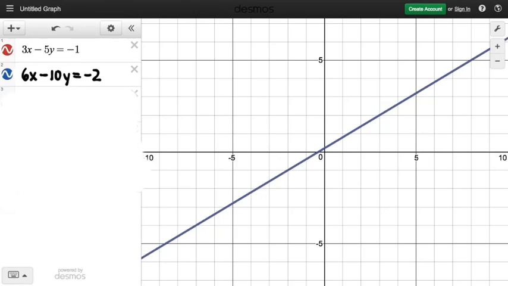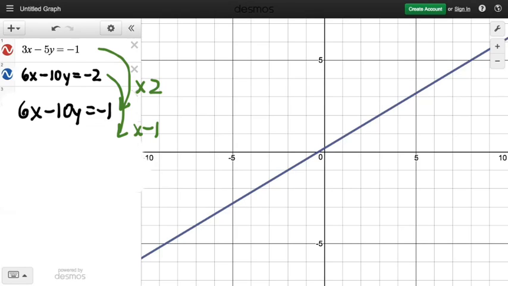We would have, just as before, multiplied the first equation by 2 and the second equation by negative 1, ending up with equal and opposite coefficients on my y: 6x minus 10y equals negative 2, and negative 6x plus 10y equals positive 2.